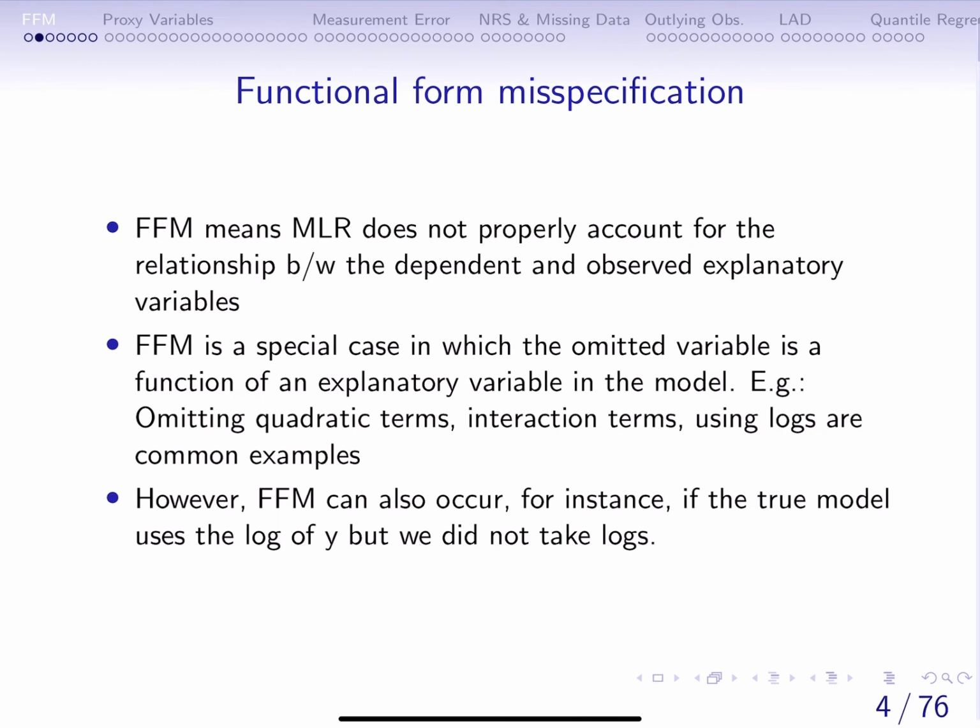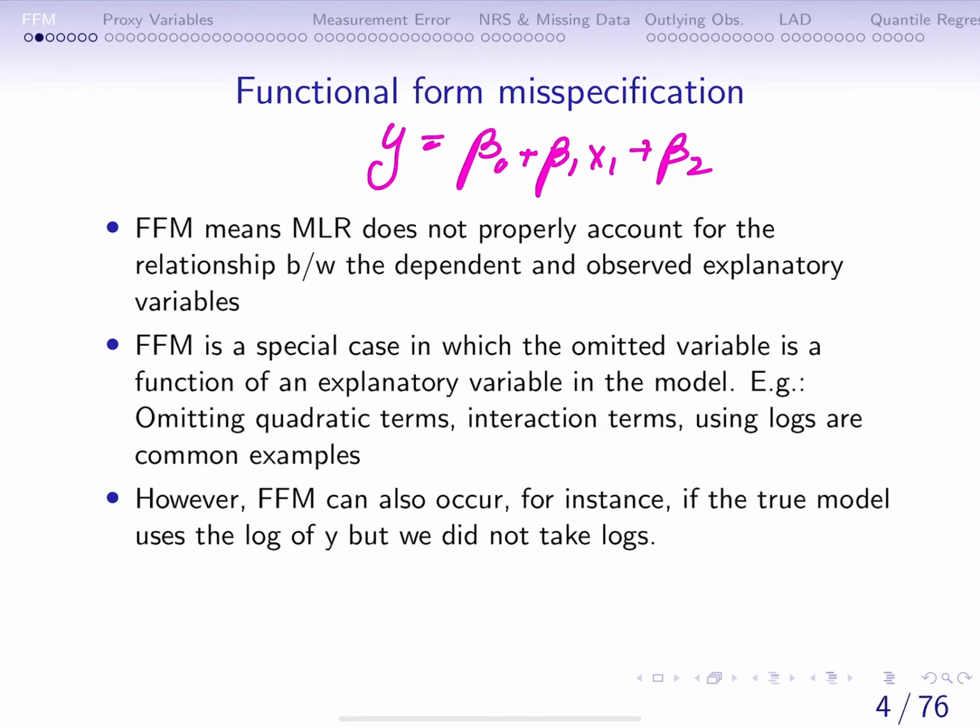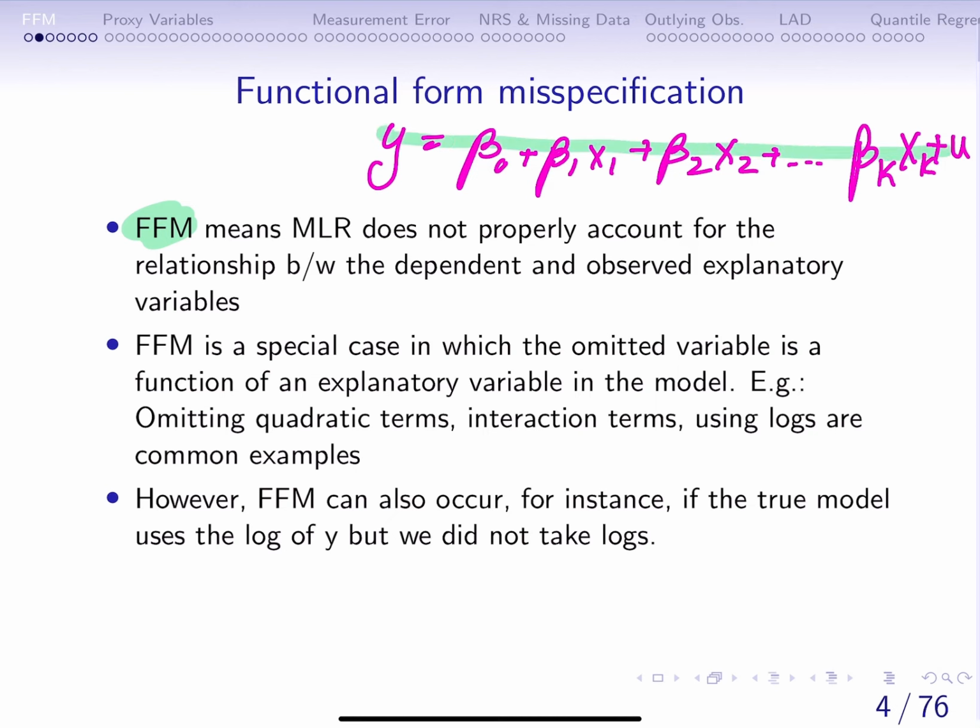So let's first try to define what we mean by functional form misspecification. You obviously have an econometric model in place. You've probably thought about some econometric model, you have some variables in place, and you've written it out. So let's say this is your econometric model. Now, functional form misspecification means that your multiple linear regression model does not properly account for the relationship between the dependent variable and the observed explanatory variables.